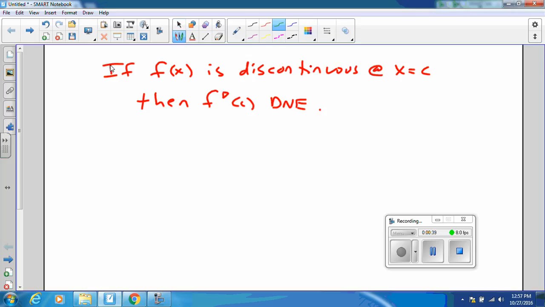Now that takes you all the way back to geometry when you did logical statements. And you may remember that the contrapositive of a conditional worked like this.